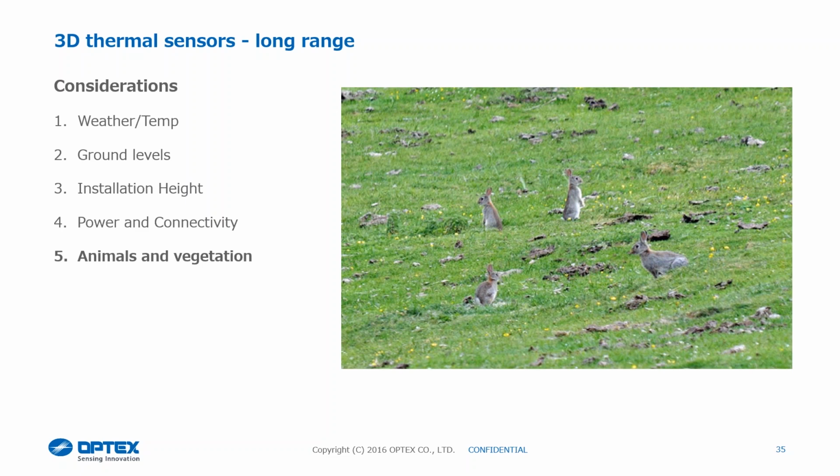You want to be able to capture your human target, but you want to be able to resist false alarms from animals, for example. But if you get a large clump of rabbits that are all in the same area, that's not dissimilar to somebody trying to crawl along the ground. So it is potentially that you're going to get an activation. But again, these systems are typically remote video response systems, so it's going to go through to a control room, and that person is then going to be able to verify what actually caused that activation.